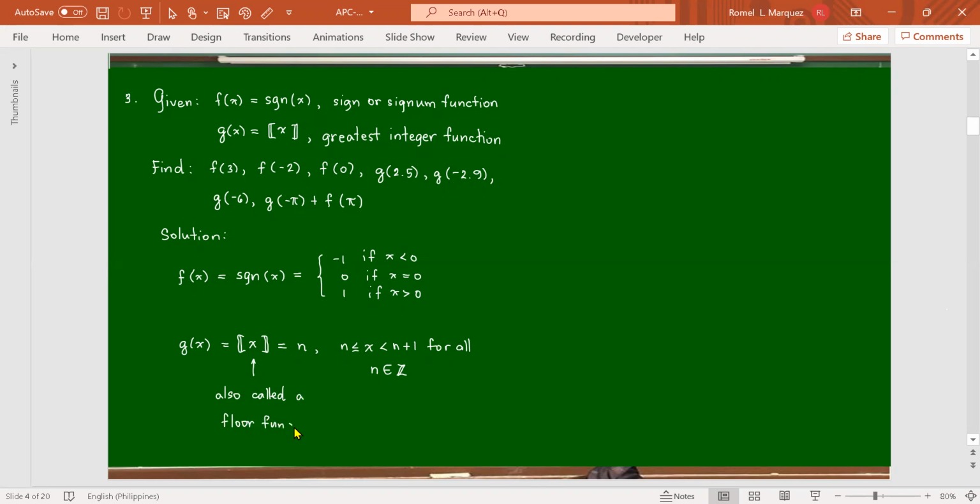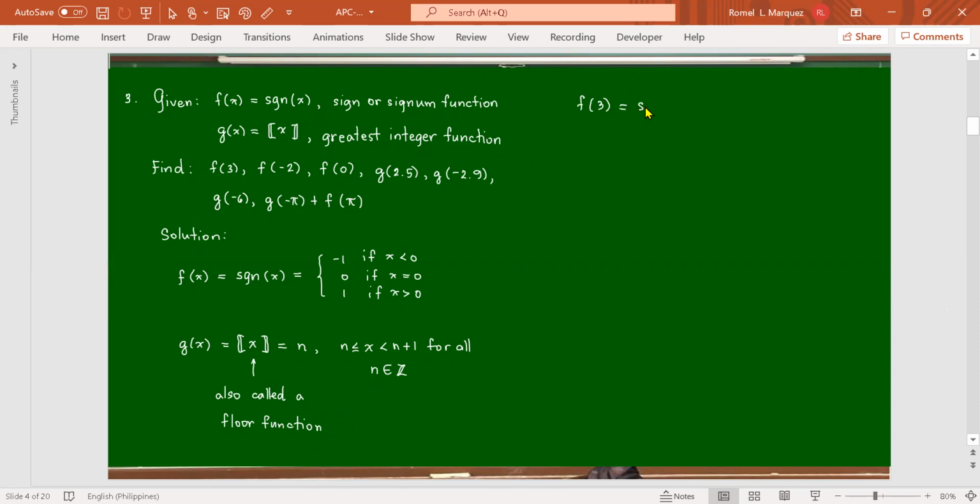Pulling down the value. If I have 2.9, it will be pulled down to positive 2. If I have 2, that's still 2. You pull it down to the left, the value. Okay? So we're now ready to find the following values. What is f of 3, guys?